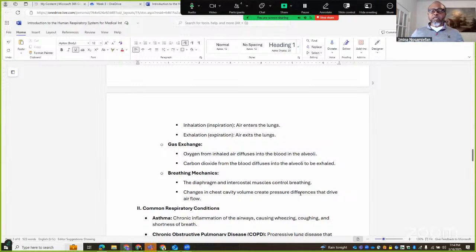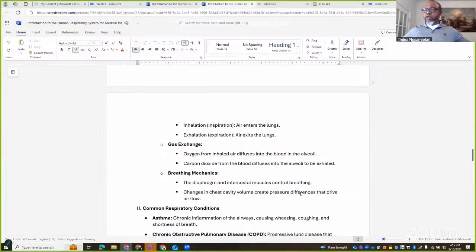So when the diaphragm, I think when the diaphragm contracts, it stretches. I can't quite remember which way it is now. Anyway, when the diaphragm lowers down, it's like if you put a balloon in your mouth and you suck, when the balloon expands, air is going to flow into it.